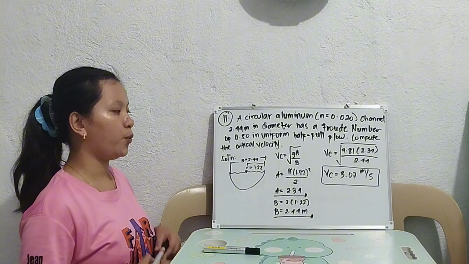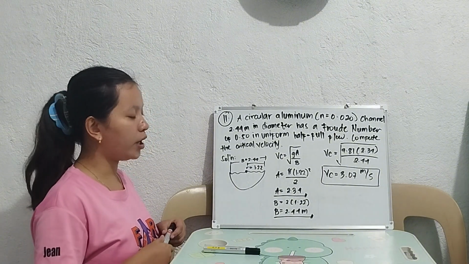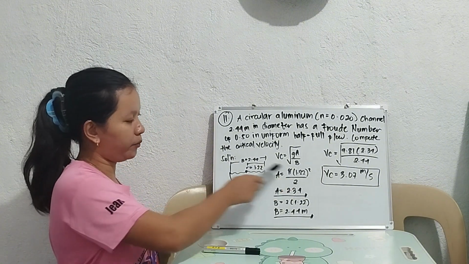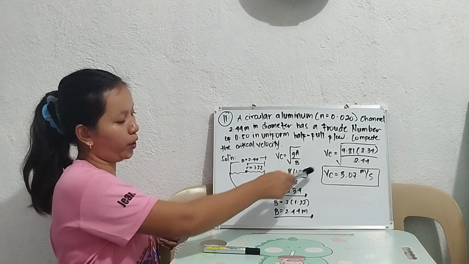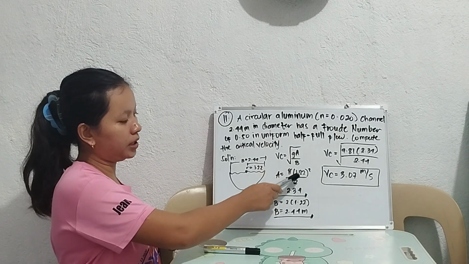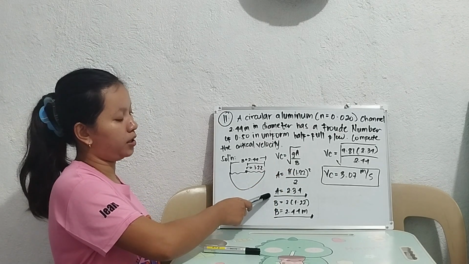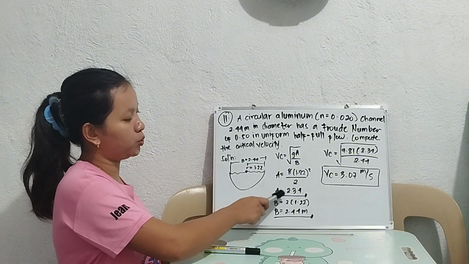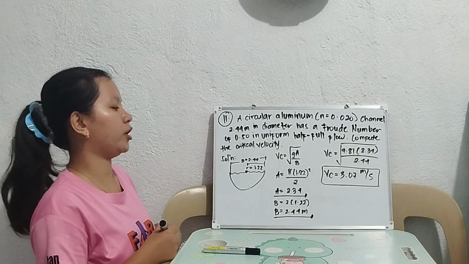And then first, we have to compute the area. So area is equal to pi r squared over 2, with r being 1.22. So to calculate that, we come up with the area equal to 2.34 square meter.